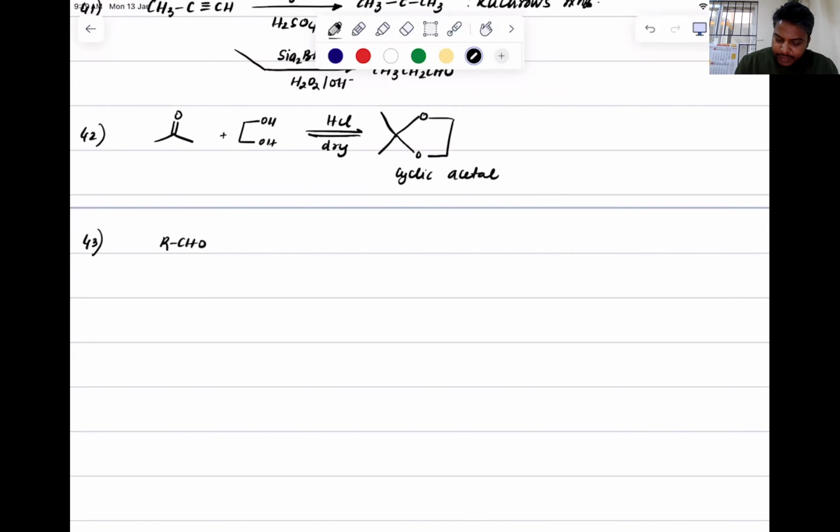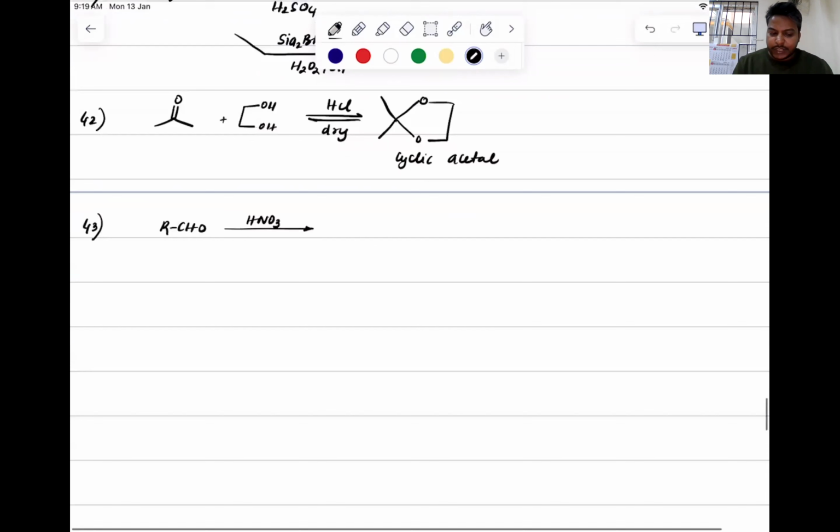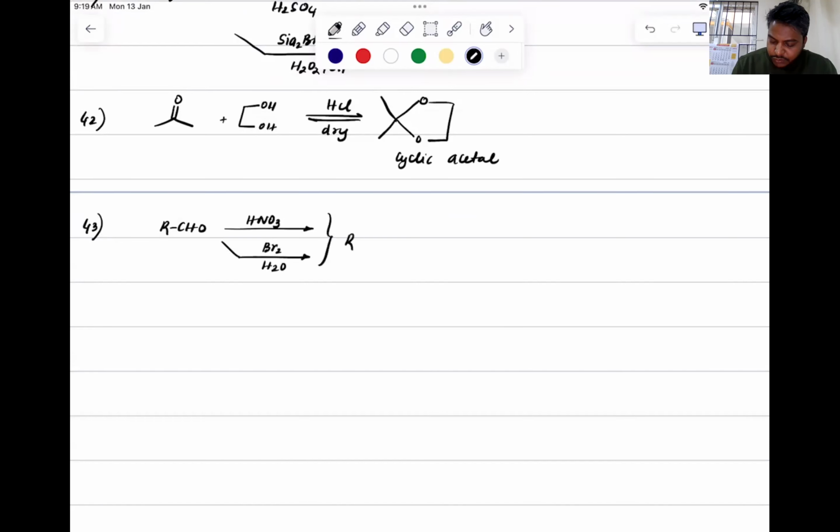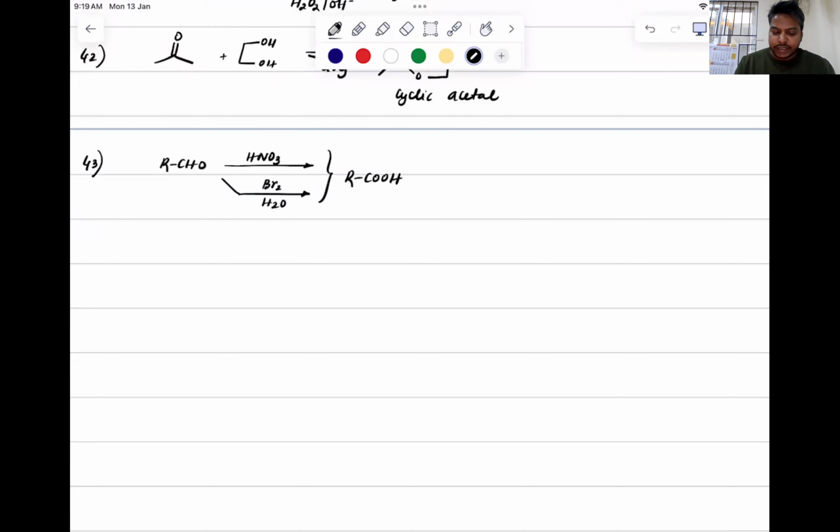If we have an aldehyde and we treat this with HNO3, or we treat this with, sorry, Br2 water, bromine water. The product is always going to be an acid. Keep that in mind. Both of them will give you acids. Next, 44.